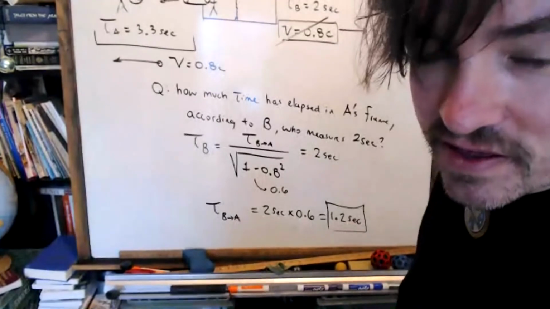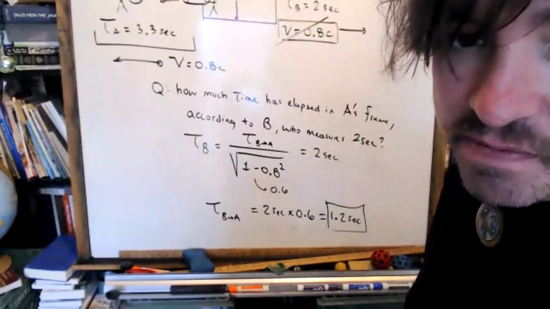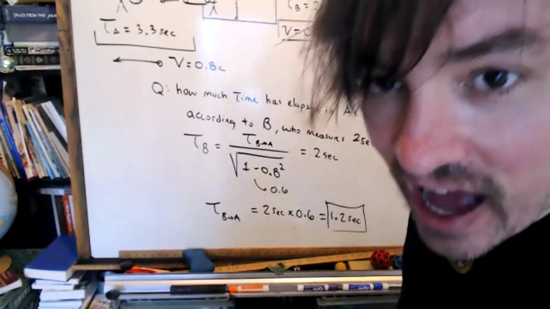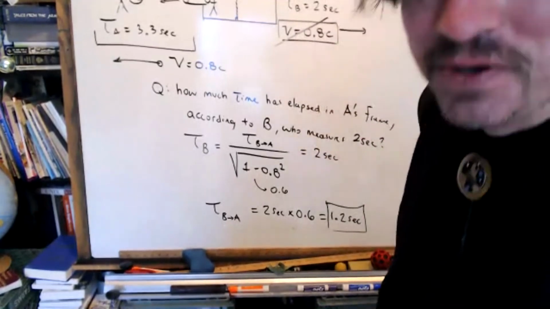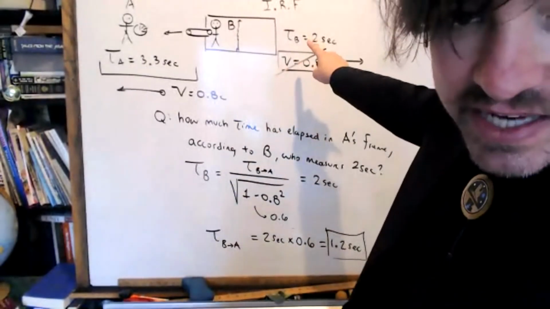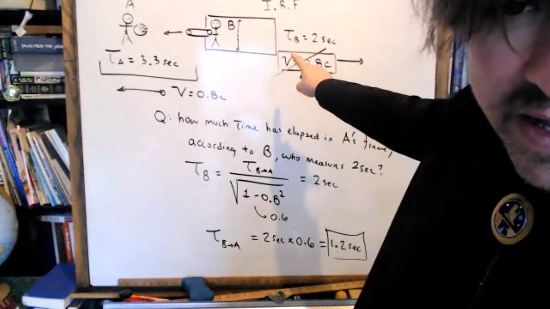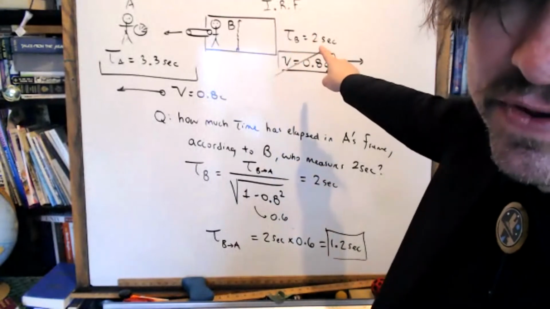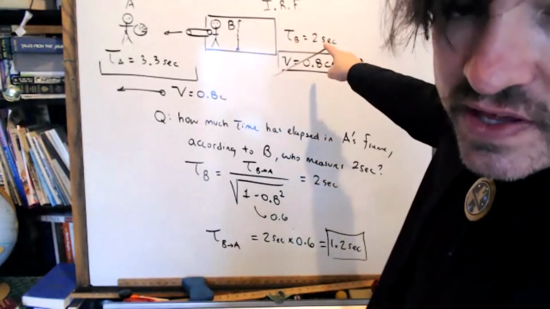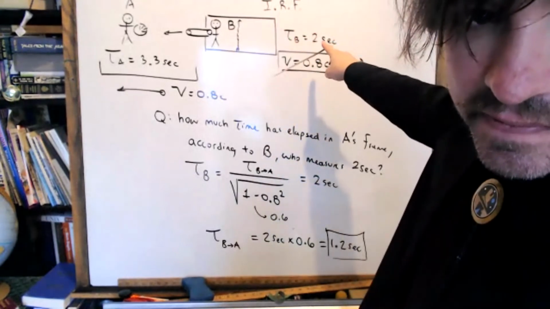B's observation of A's time is 2 seconds times 60%, or 1.2 seconds. In other words, put this in your pipe and smoke it. There are now 3 times for 2 observers. There's the time that B thinks the experiment takes, 2 seconds. And I shouldn't say thinks, because it's not perception, it's measurement. B measures 2 seconds for the laser beam to fire.